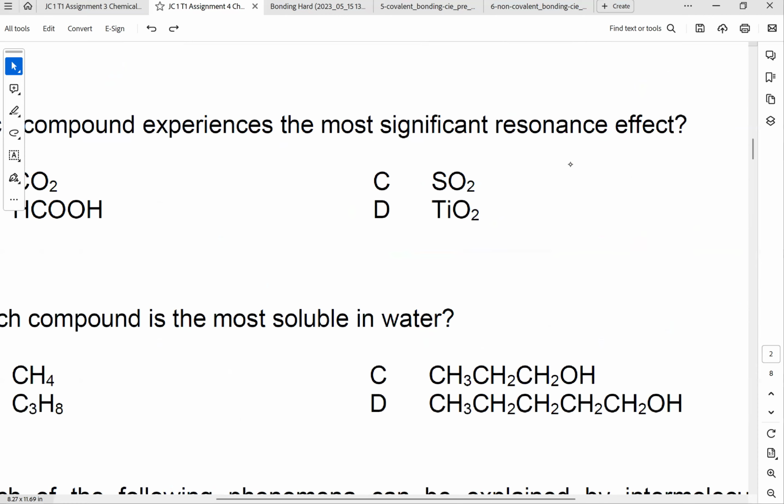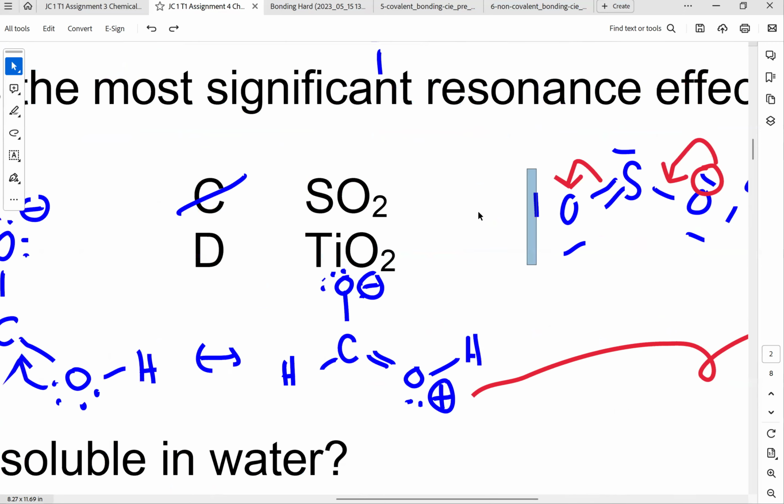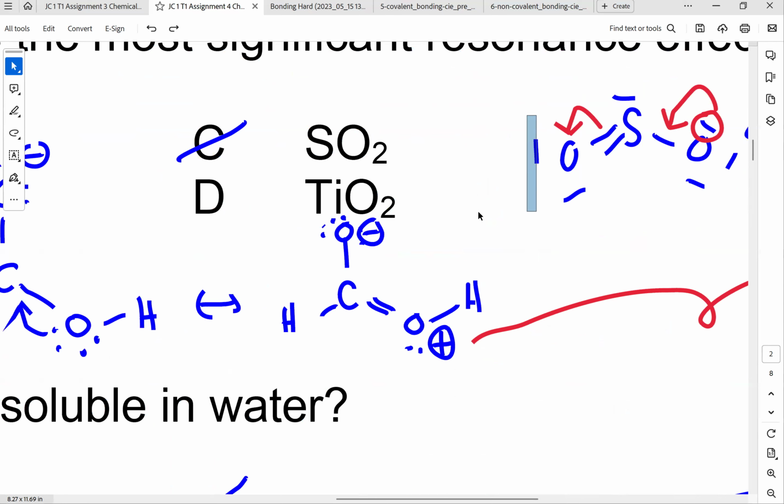Okay, let me show you why this O is now positive. O should have 1, 2, 3, 4, 5, 6 valence electrons. If it makes a double bond here, these 2 electrons belong to O. This 1 electron belongs to O, right? And then 2 more from lone pairs.